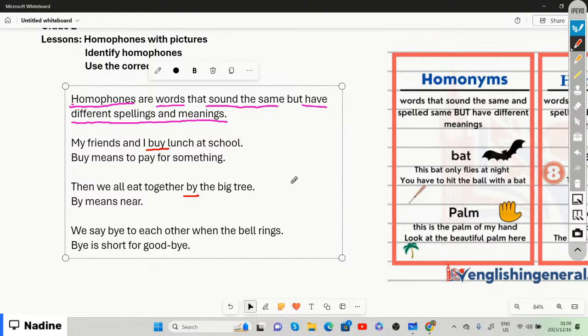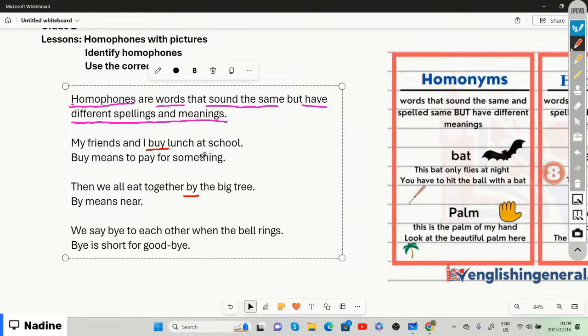So as you can see, the first buy, to pay for something, is buy, and the second one is by. And this by, in then we all eat together by the big tree, means near. That is what this by means.